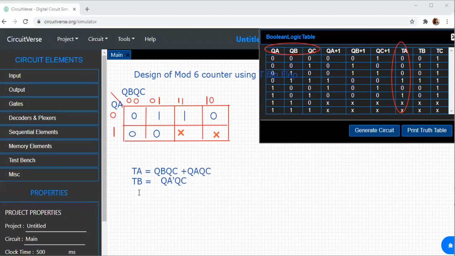Next, what is TC? Similarly, I'll just show how to solve for TC. Everything is 1 in TC, so this 1 will form a complete octet. So I'm plotting the TC values from the truth table.